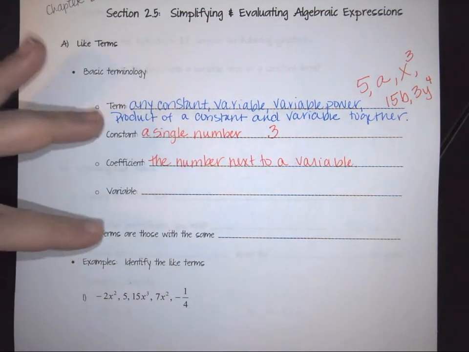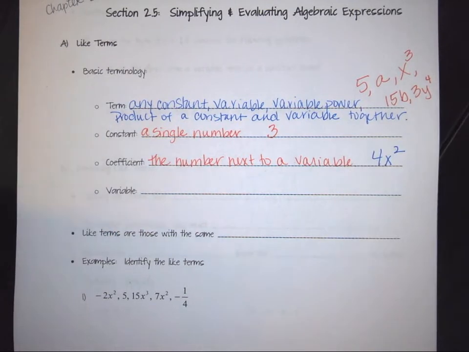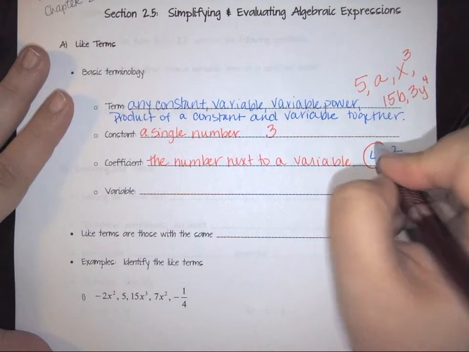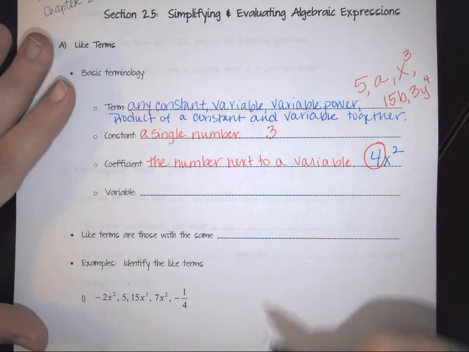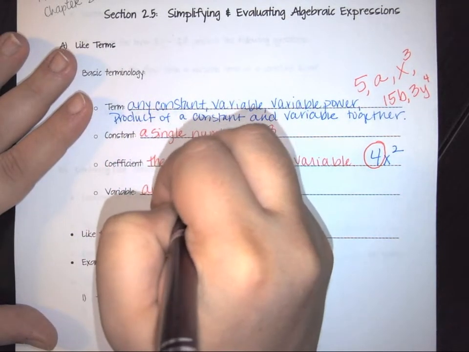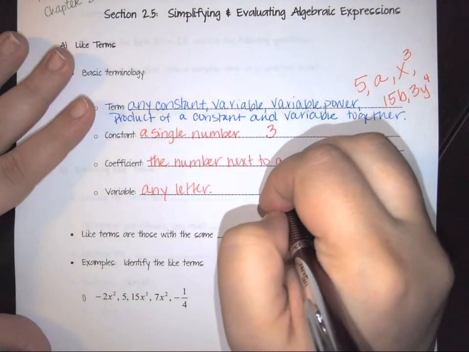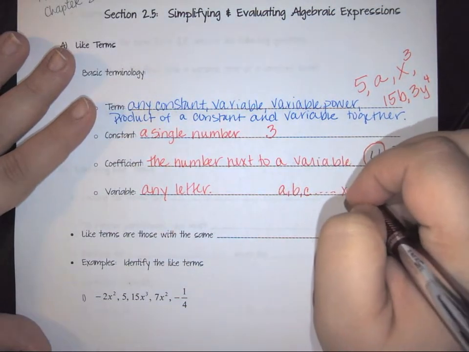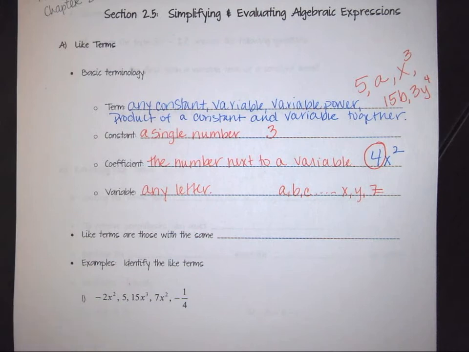So if we had the number 4x squared, my coefficient would be the number 4. That would be the coefficient. A variable is going to be any letter. In other words, A, B, C, etc., all the way down to X, Y, Z. So we have 26 letters that you can choose from.